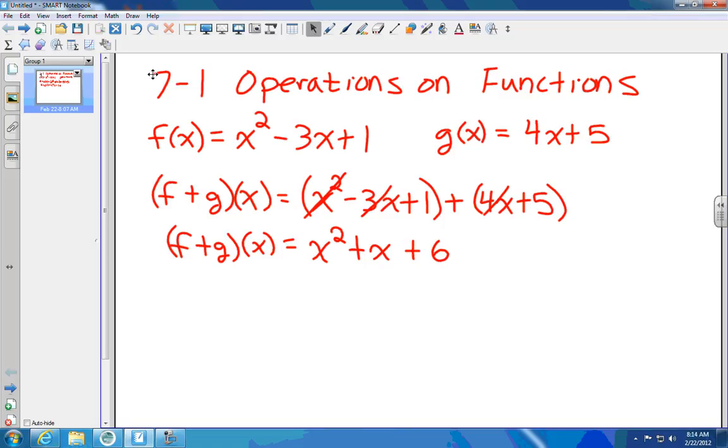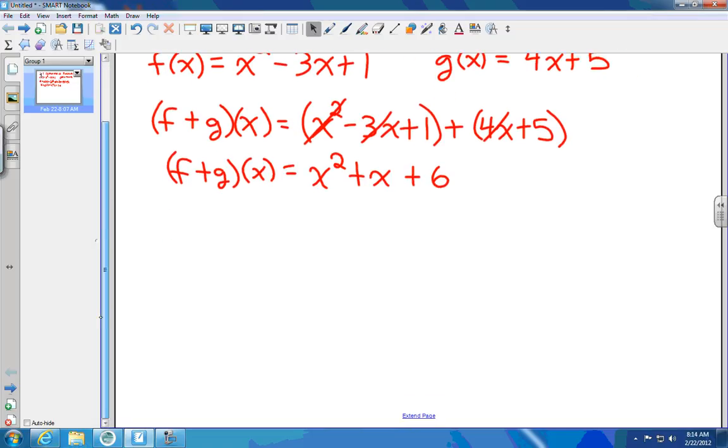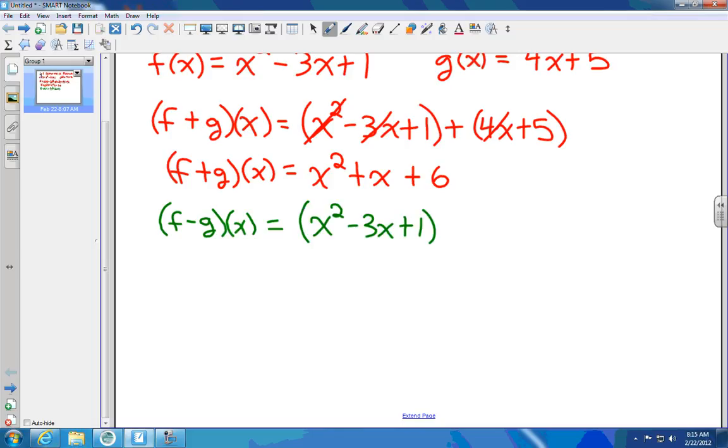So using the same functions there, you can do f minus g. So x squared minus 3x plus 1. And again, this is where it's going to be important to have the parentheses.